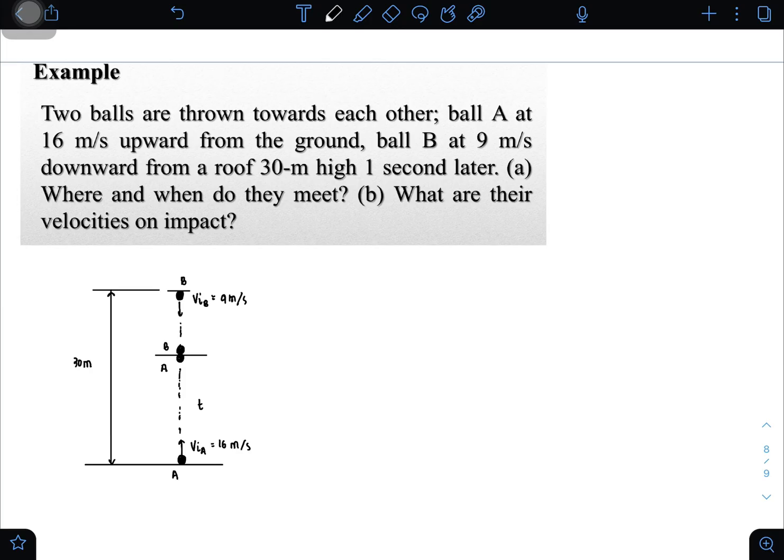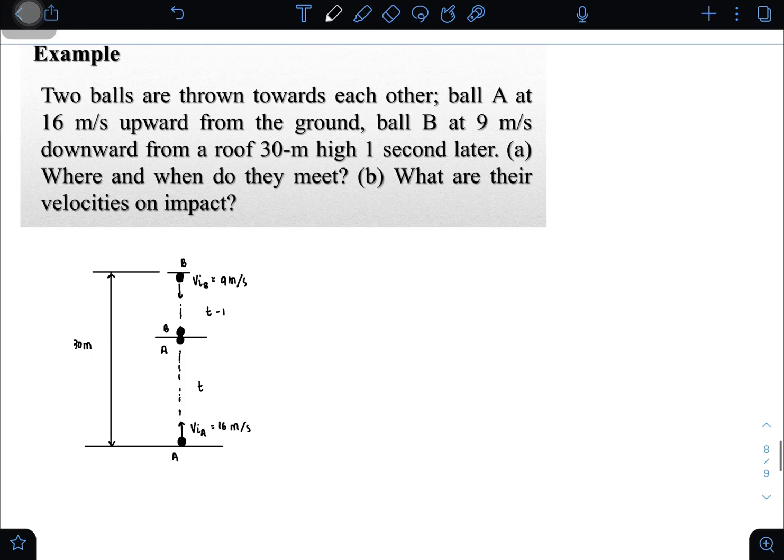So if ball A travels a certain time of t, then ball B travels 1 second later, so that would be time minus 1. If you're going to use that as your base solution.